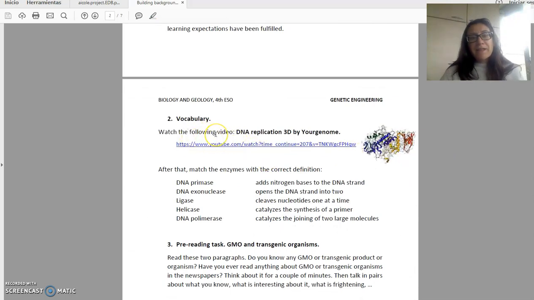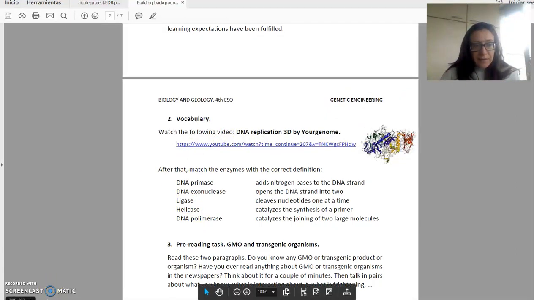And here in activity 2, they will have to watch a vocabulary video about DNA replication, which is really visual, and it helps a lot, I think, to understand this process. And the intonation of this video is just magnificent. It's really easy to understand.